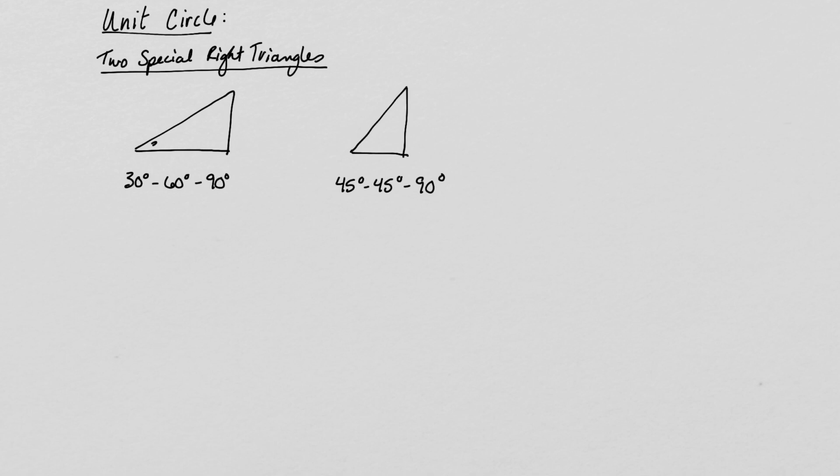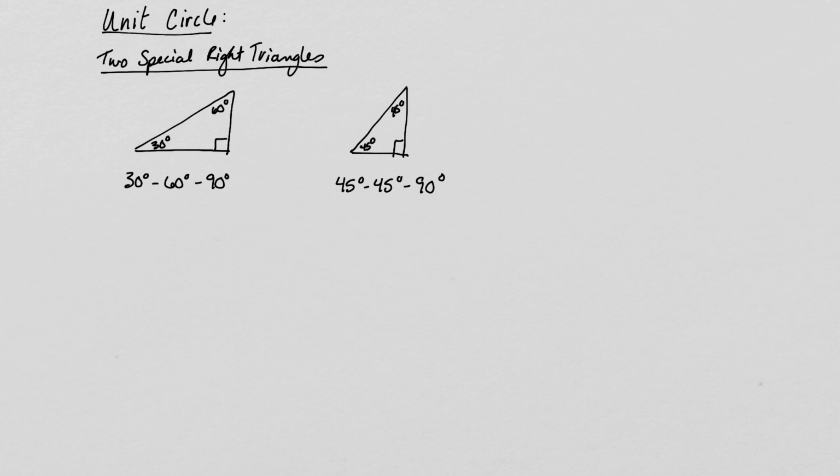So in this triangle we have 30 degrees, 60 degrees, 90 degrees, and in this one we have 45 degrees, 45 degrees, 90 degrees. What makes these two triangles so special is that the sides are always in the same ratio. Every time you see a 30, 60, 90 triangle, every time you see a 45, 45, 90 triangle, the sides have these certain properties of proportions between them.